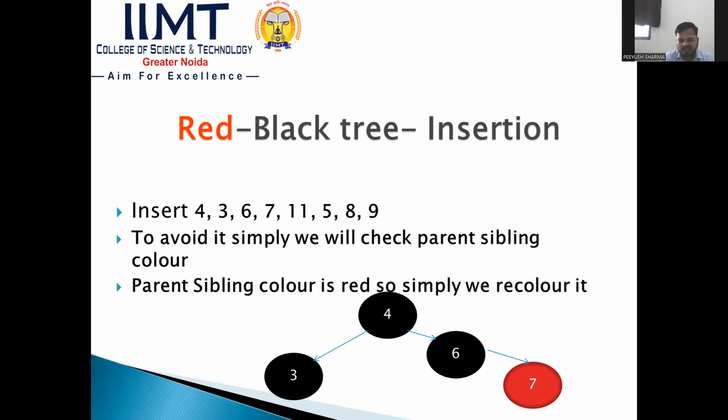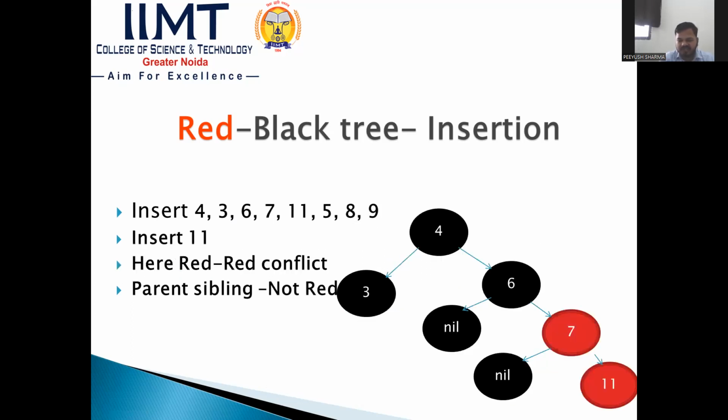Now the next data is 11. So 11 will be inserted on the right side of this 7. There is also a red conflict. So how will we remove it? We can see that the sibling of this parent, 7's sibling, is nil.